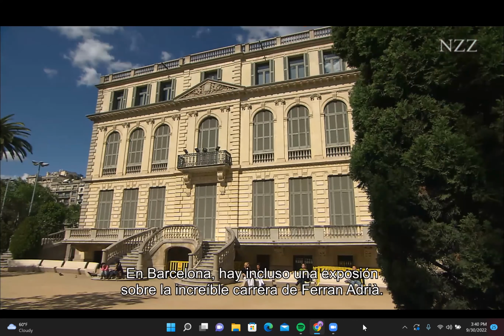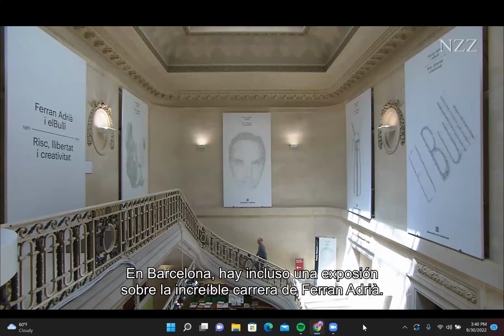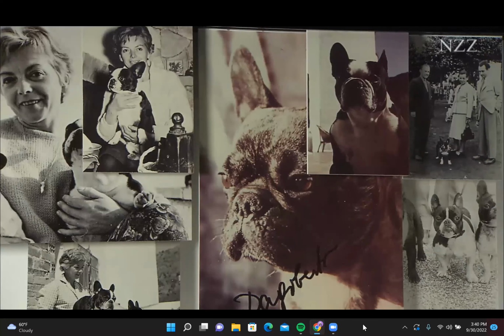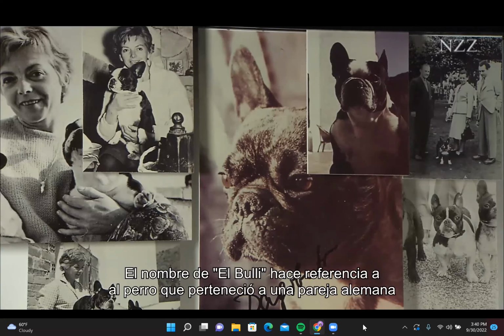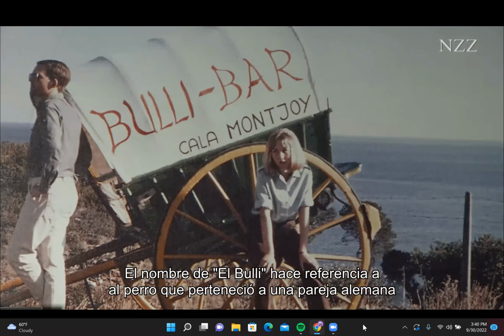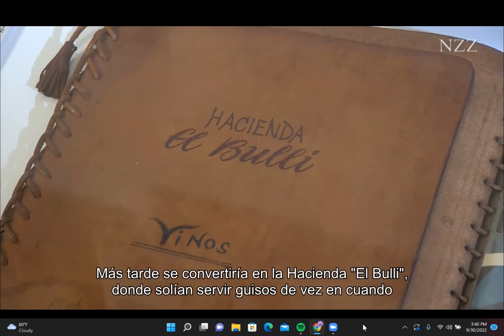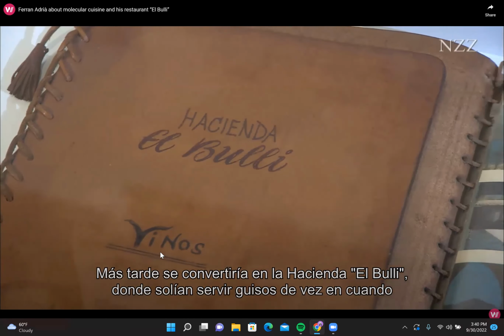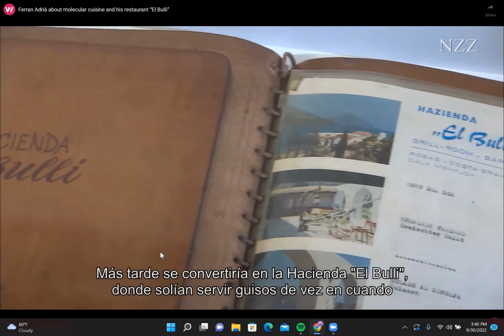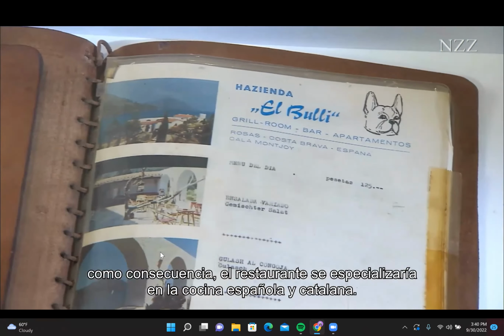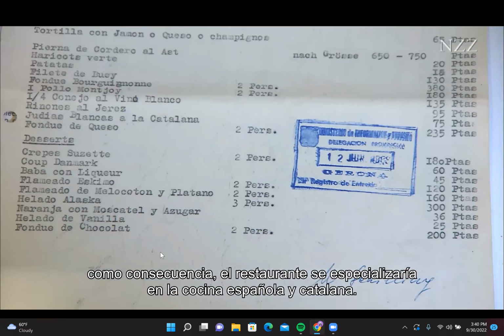In Barcelona, there is currently an exhibition about this Catalan's incredible career. The name El Bulli refers to a dog that belonged to a German couple who originally ran a bar and a mini-golf course on the property. It later became the Hacienda El Bulli, where stew was served from time to time. Subsequently, the restaurant specialized in Spanish and Catalan cuisine.